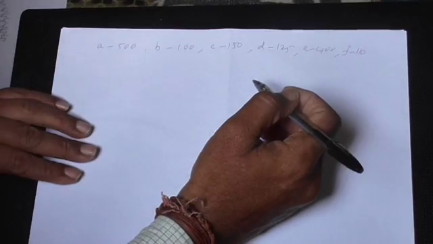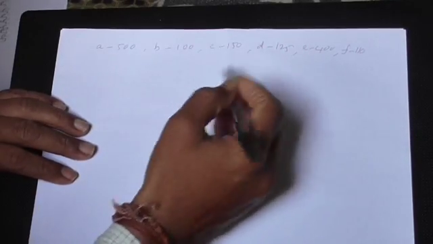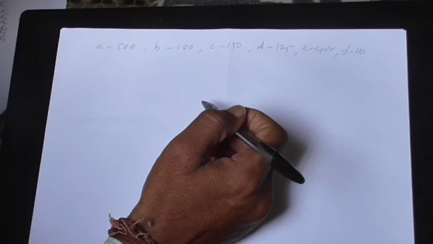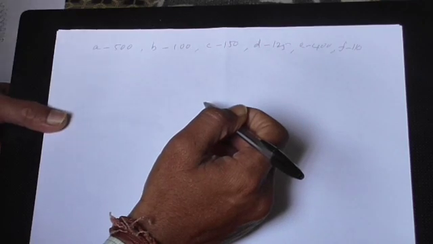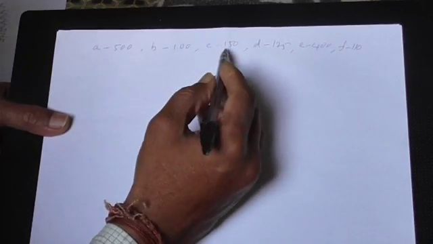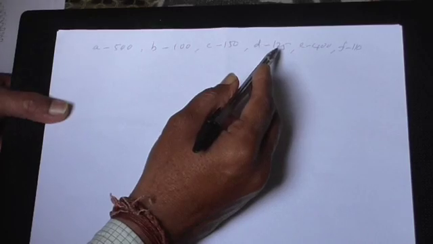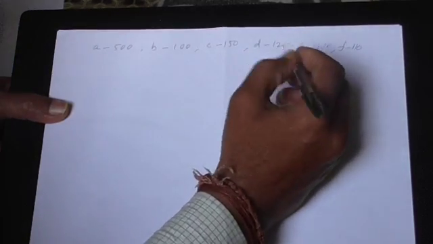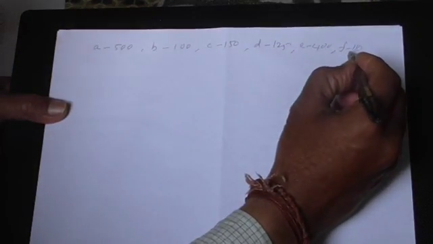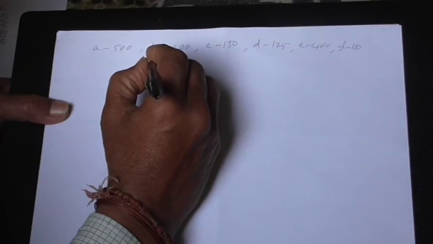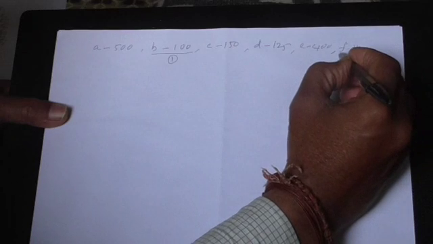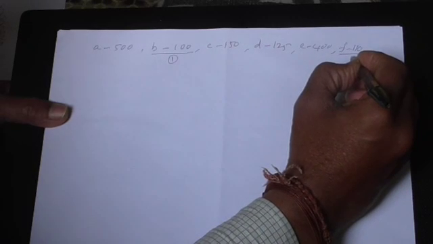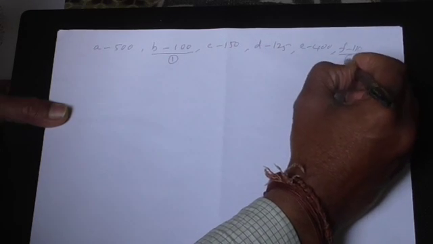So in Huffman coding, first I take the characters which have appeared the least number of times. If you arrange them in order, the lowest is this 100, then the second lowest is this F.